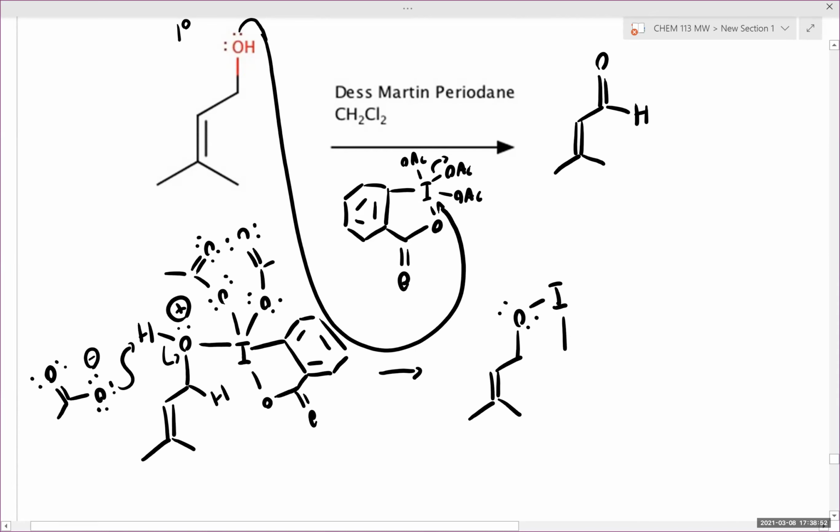Now I am drawing out this molecule in a very particular way to help highlight the key step for this mechanism.